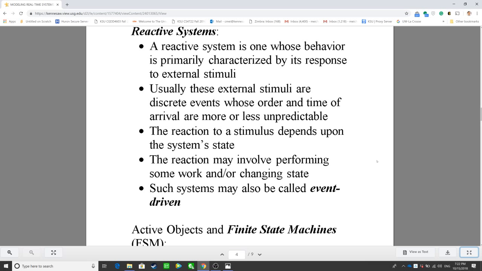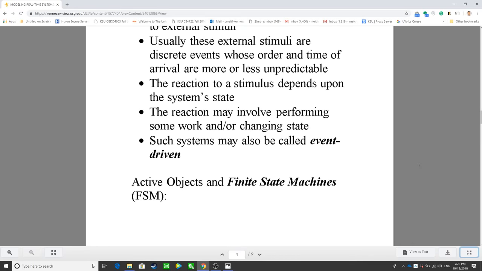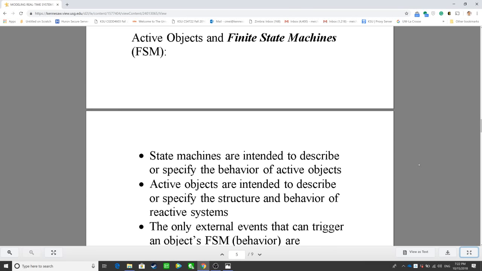Most importantly, the same events don't always trigger the same feedback from the system. Remember that. At this moment, the class diagram is not enough, so we need to find a state machine.